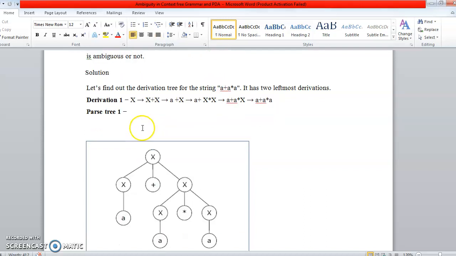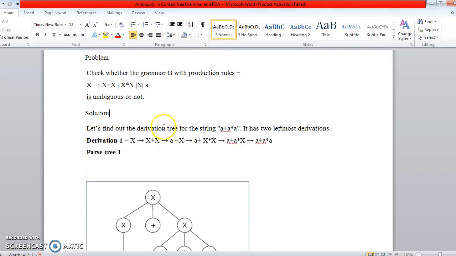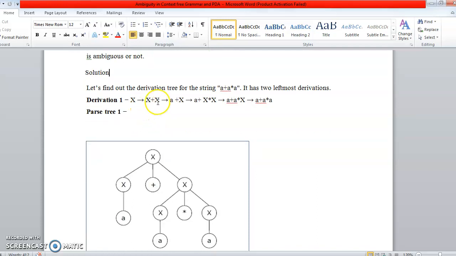For derivation 1, X produces X plus X. I am starting from this, and I choose the left X and replace it by a. Again I expand the X as X star X, and again I choose the left side X and put the value a, and lastly I put a, and I got this string.